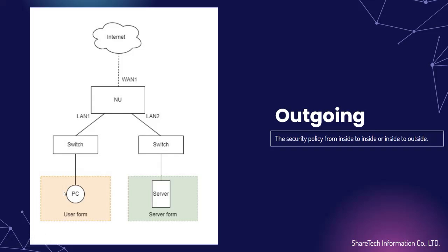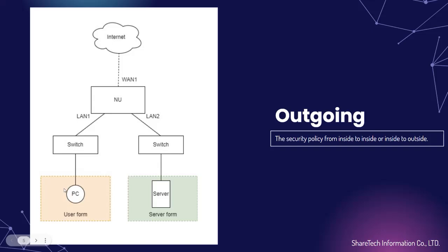Outgoing is a security policy from internal to internal or internal to external. There are routing and NAT modes to choose from. What types of rules will be set in outgoing?